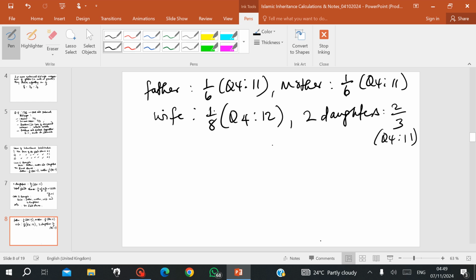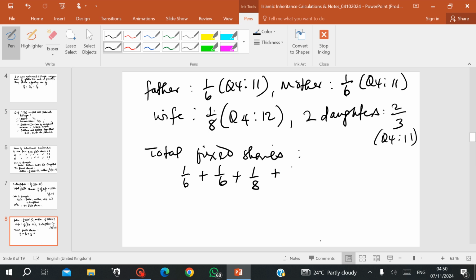So having assigned the fixed shares, we total the fixed shares again. Total fixed shares: we have 1/6 plus 1/6 plus 1/8 plus 2/3. In this case, we have the LCM as 24.